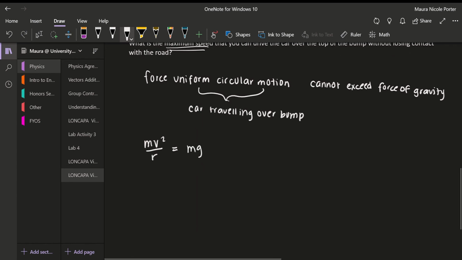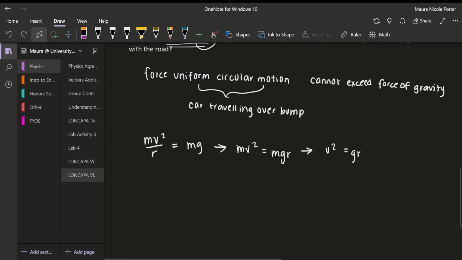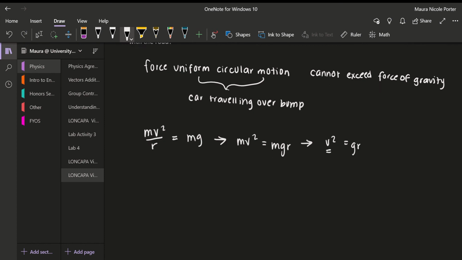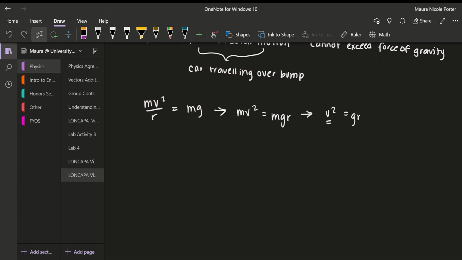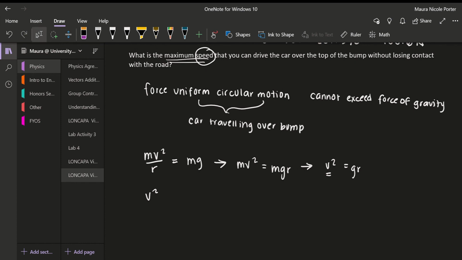So let's rearrange these variables. Let's see, we have mv squared is equal to mgr, and now we can divide by m on both sides, so we have v squared is equal to gr. And so since we're solving for speed, this is going to be the variable that we're solving for. So we have v squared. Again, this is just a matter of now plugging in numbers.